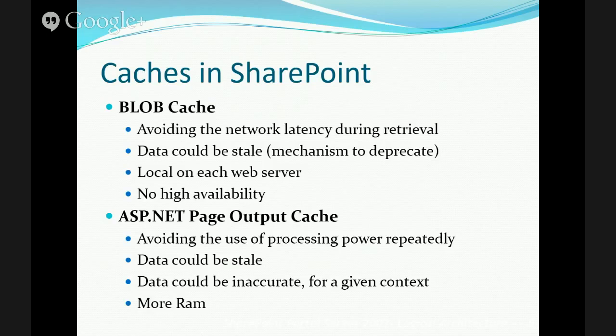Now when we talk about this page output cache, there were some issues which needed to be solved. The data in the page could be stale, which means you may not get the latest information from a list or a library. So we had to take care of how often I should refresh the cache. Then data could also be inaccurate for a given context.